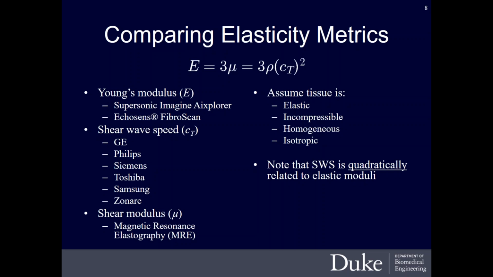Shear wave speed is a metric reported by systems from GE, Philips, Siemens, Toshiba, Samsung, Zonare. And shear modulus is actually a metric reported by some of the magnetic resonance elastography systems. So you can see how, under the same assumptions for characterizing the same type of tissues, it really makes the reader or the user have to do a little bit of conversion to crosstalk between these.